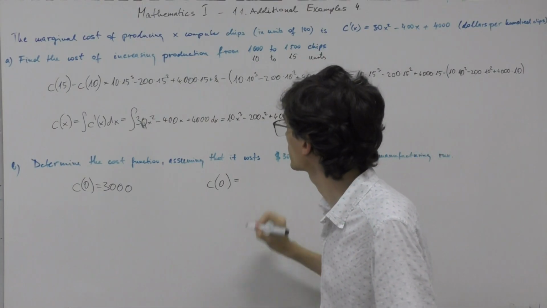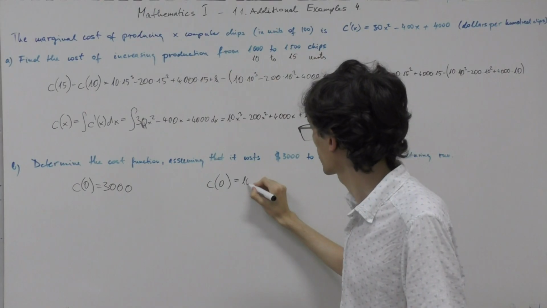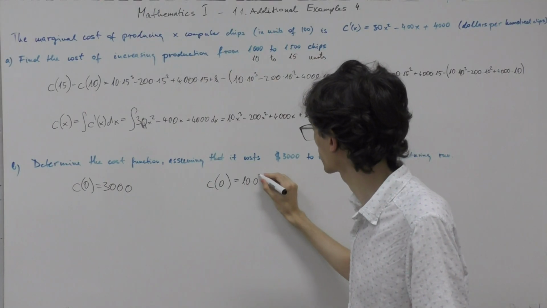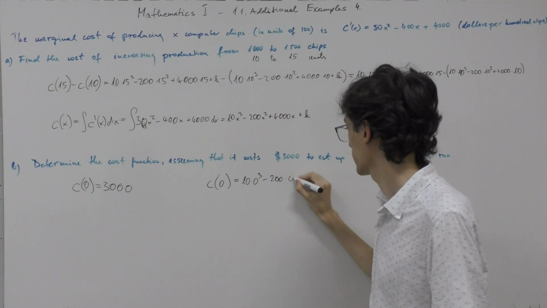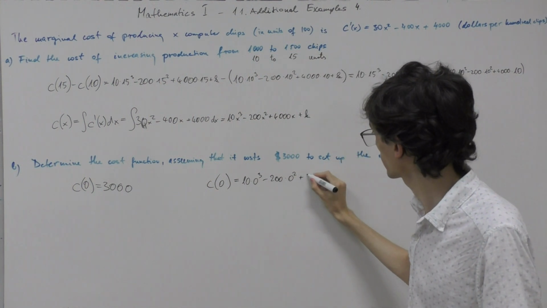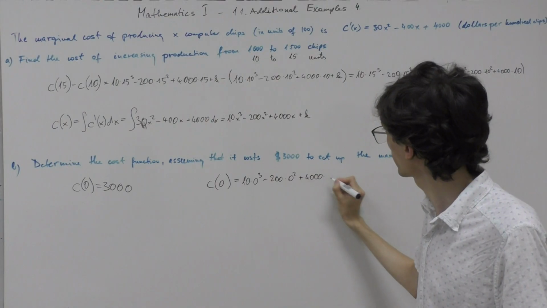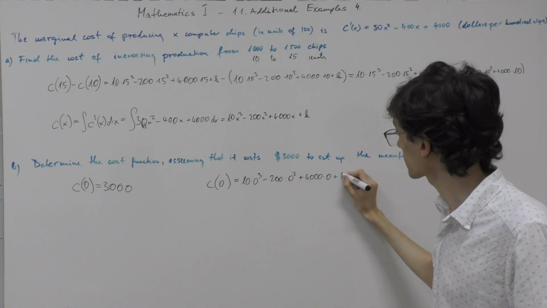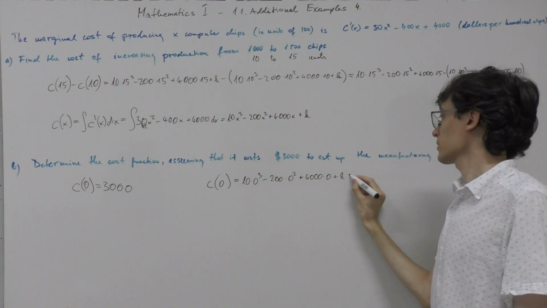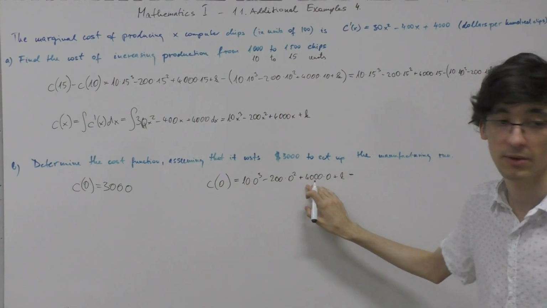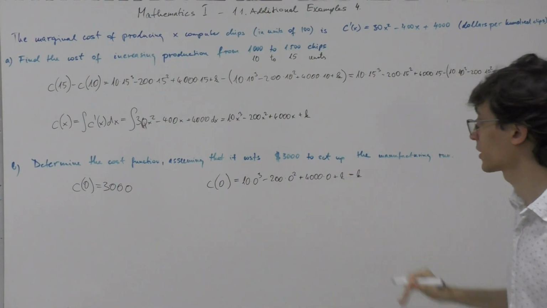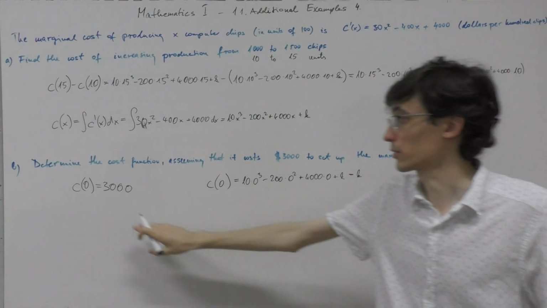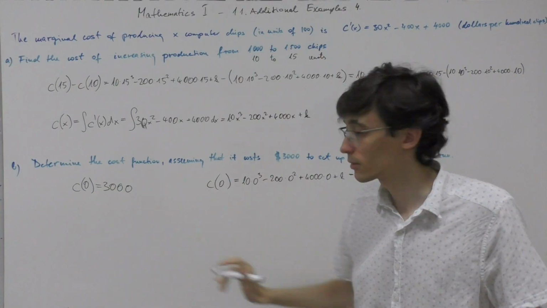So, C at 0 is 10 times 0 cubed minus 200 times 0 squared plus 4000 times 0 plus k. And you can see that the first three terms are just 0, so the cost at 0 is just k. But we also know that the cost at 0 is 3000.